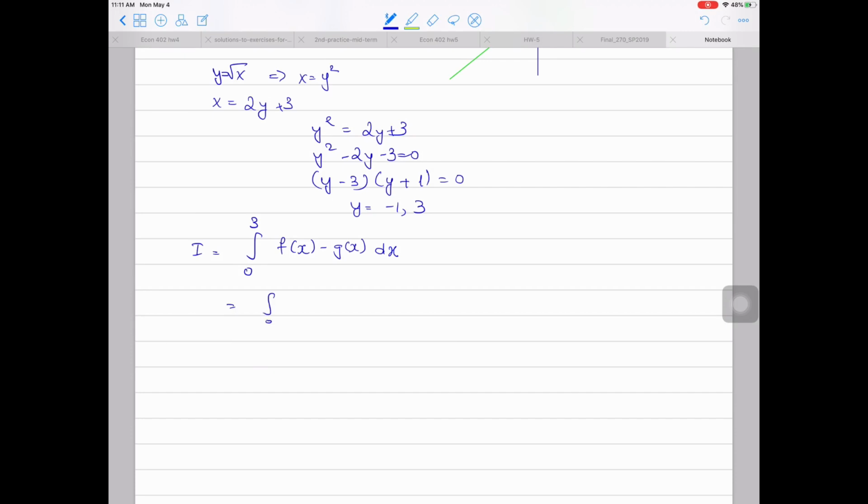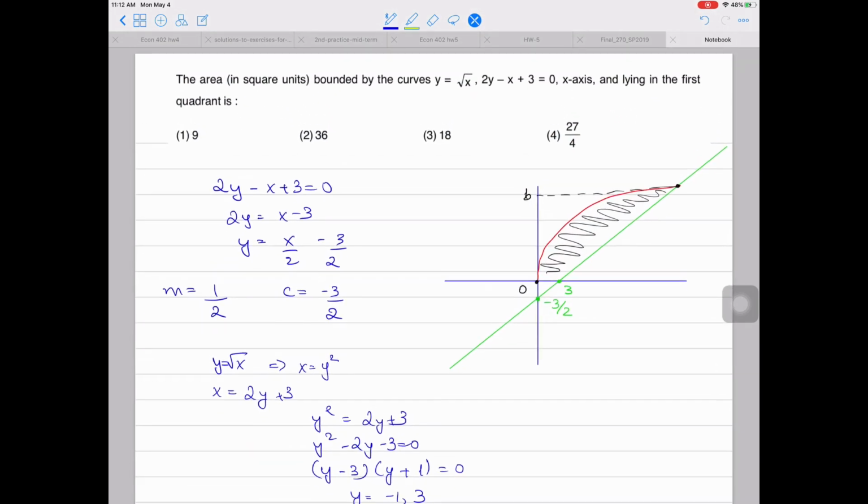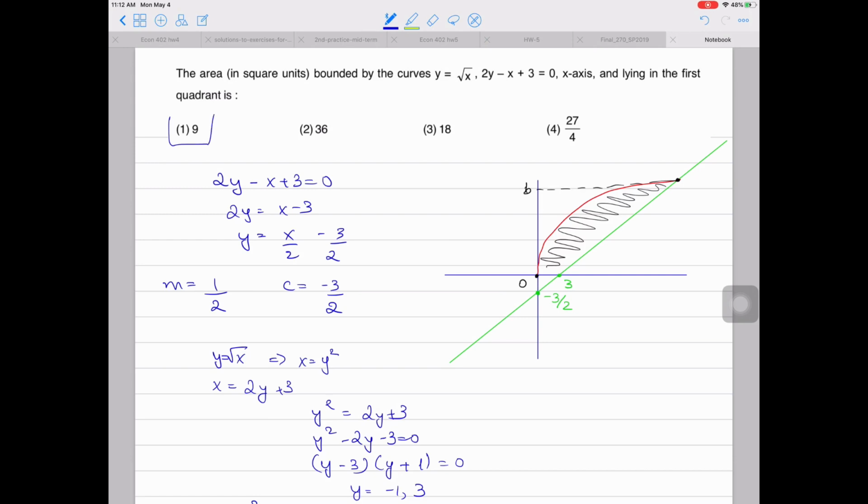So if we plug in these values, we get the integral of 2y plus 3 minus y squared dy, and that is y squared plus 3y minus y cubed over 3, with the limits from 0 to 3. Plugging in these, we get 9 plus 9 minus 9, and when we plug in 0, we get all zeros, and on solving this we get 9. So our answer for this one is the first option, 9.